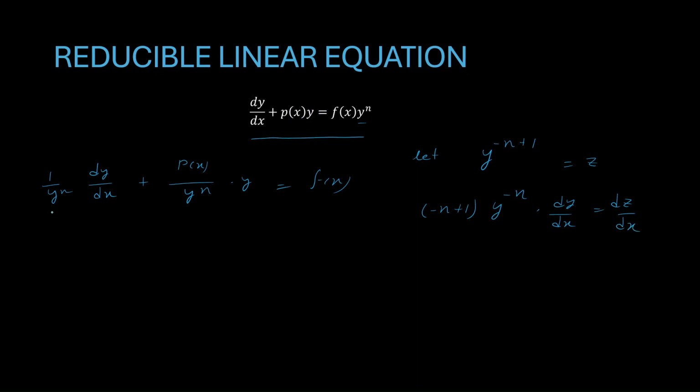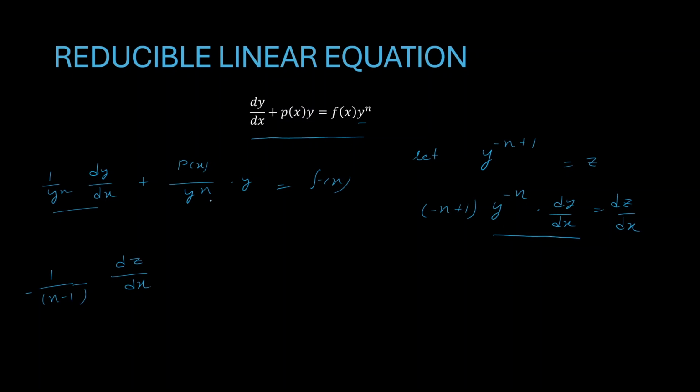Now look, this term is that term, so we can write 1 by minus n plus 1 as n minus 1, because we change that form. This is dz/dx.